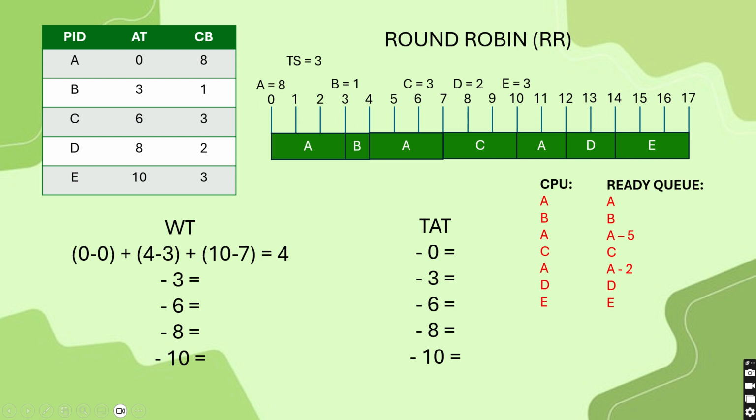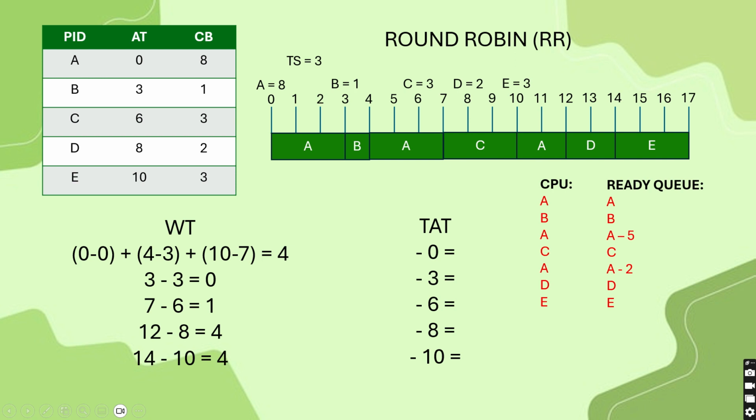Then process B starts at time 3 and its arrival time is 3 too. So 3 minus 3 is 0. Process C starts at time 7, subtract its arrival time of 6, so 7 minus 6 is 1. Process D starts at time 12, subtract its arrival time of 8, so 12 minus 8 is 4.